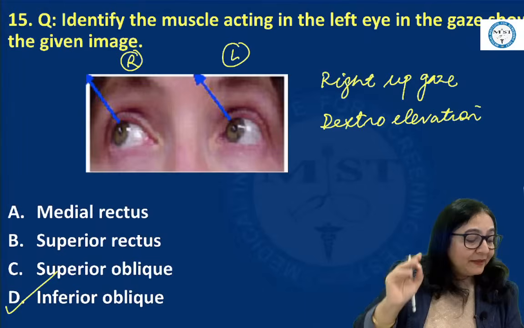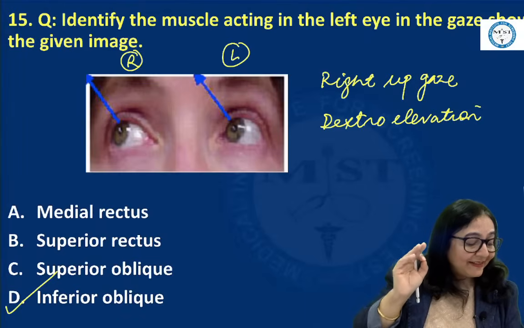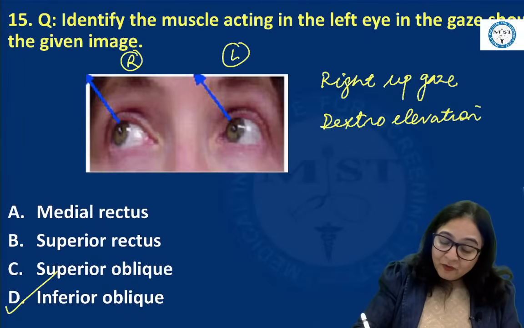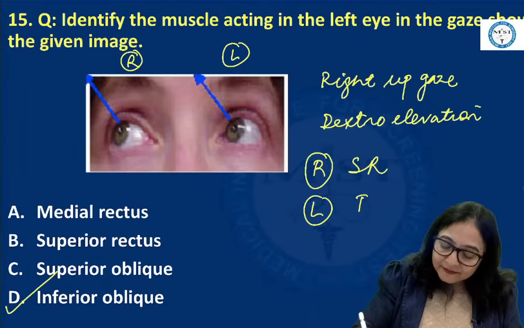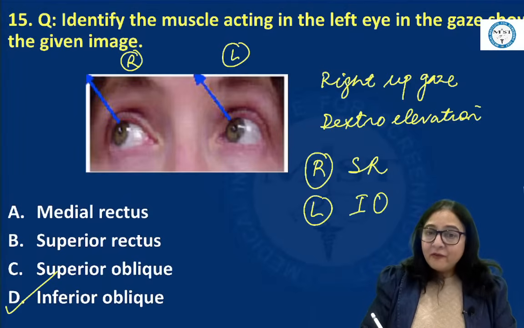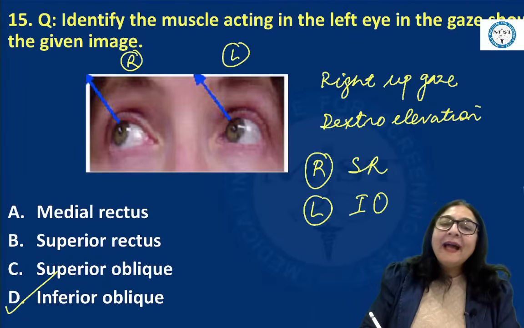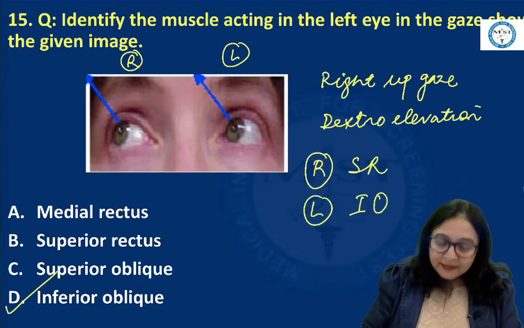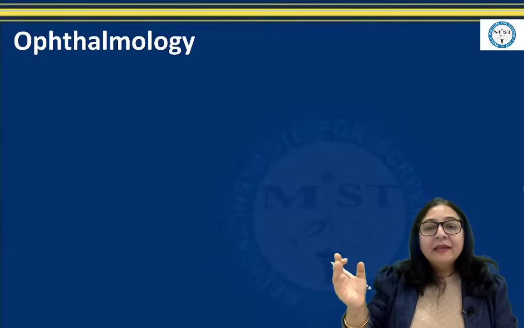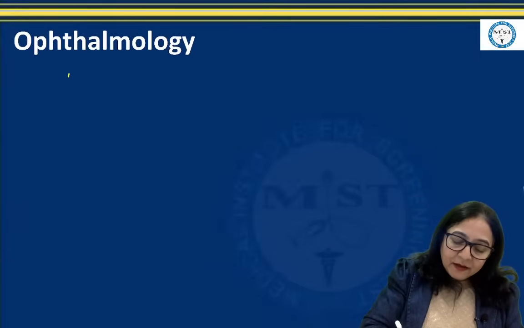I'm so happy that all of you are giving the right answer. So this is the pair of yoke muscles acting in dextroelevation: right eye superior rectus and left eye inferior oblique. You can get a question where they tell you a gaze and you have to tell the yoke muscles.